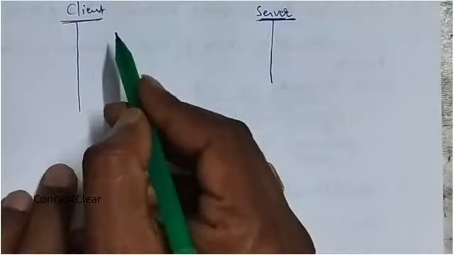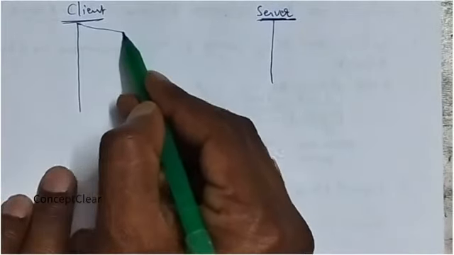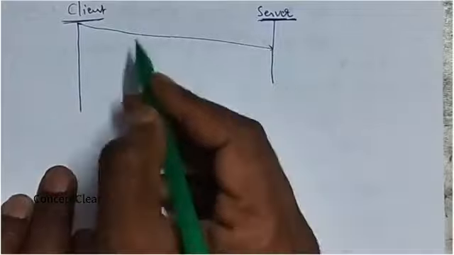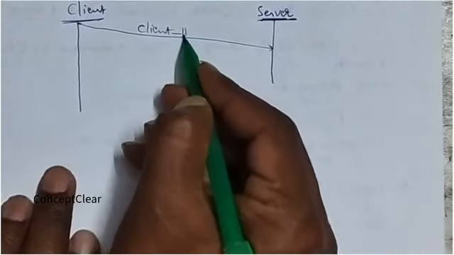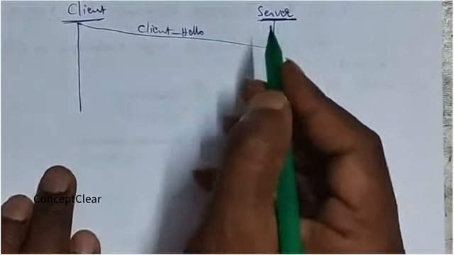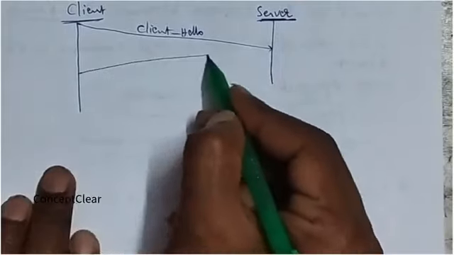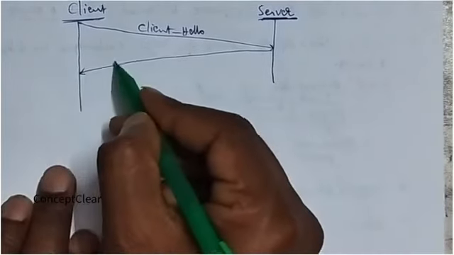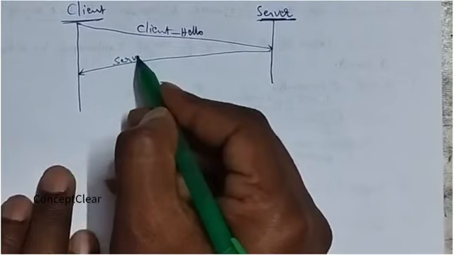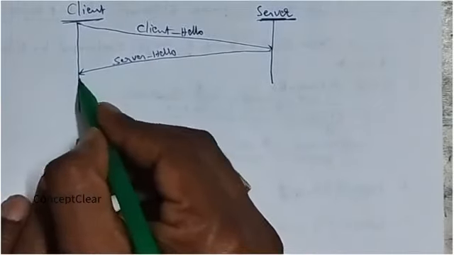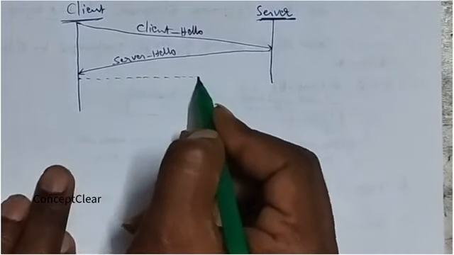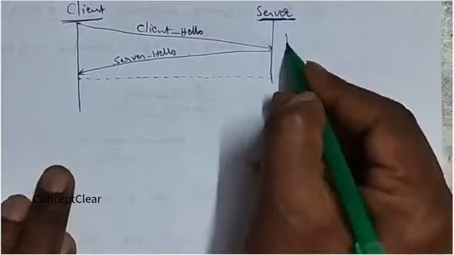First, the client will send a request to the server, saying client hello, and after receiving the client message, the server will also send a message to the client, server hello. Okay, up to this section is phase 1.